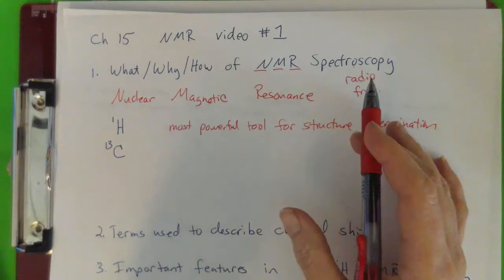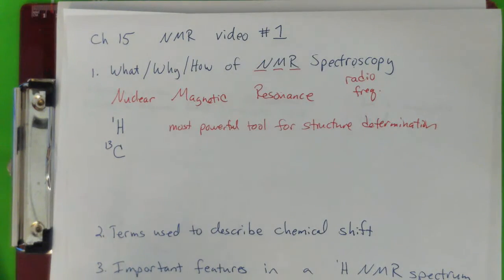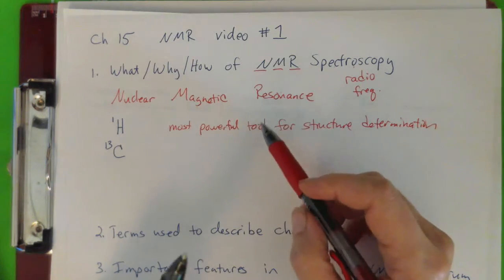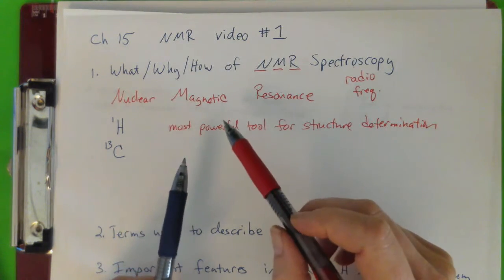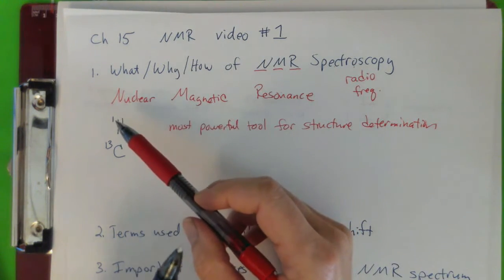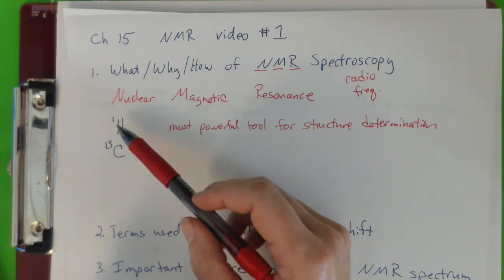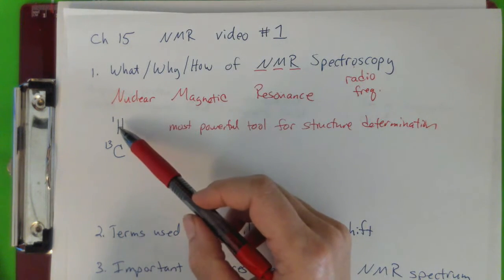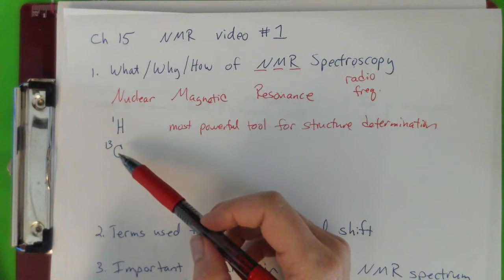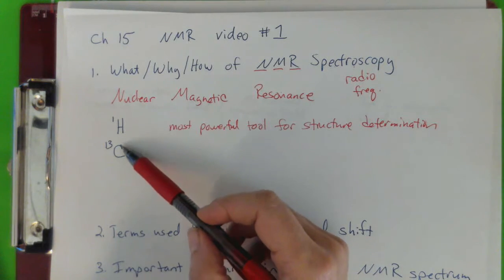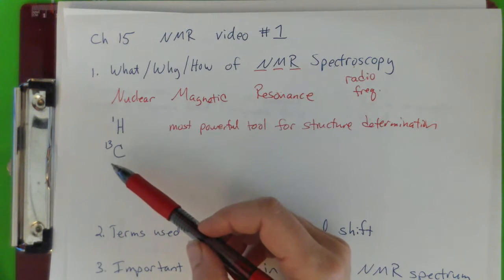But proton NMR spectroscopy is going to determine the number and types of hydrogens in a compound, and carbon-13 NMR spectroscopy is going to determine the number and type of carbons in a compound.